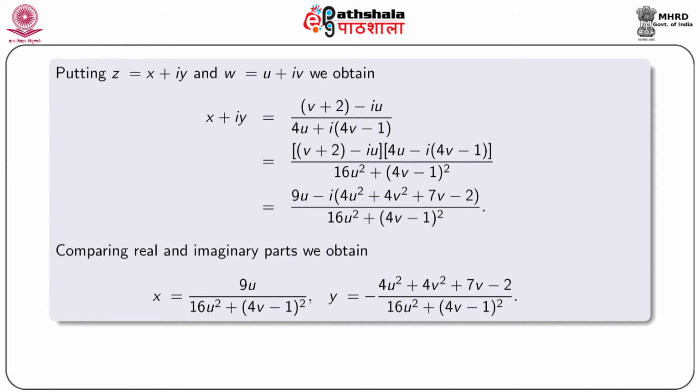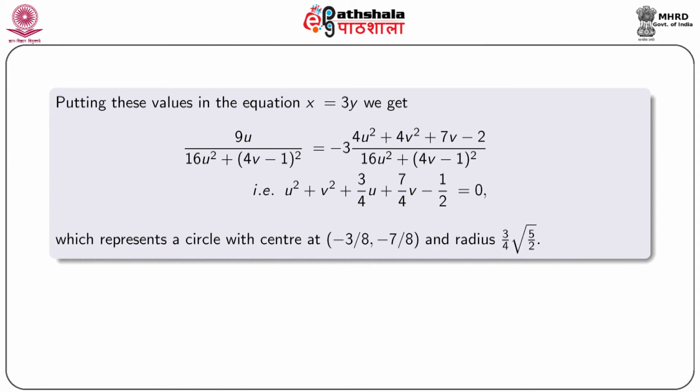So, comparing real and imaginary parts on both sides, we obtain x = 9U/[16U² + (4V − 1)²], and y = −(4U² + 4V² + 7V − 2)/[16U² + (4V − 1)²].